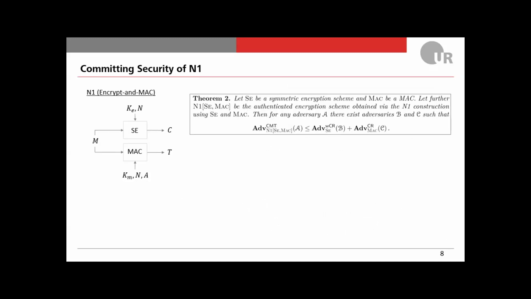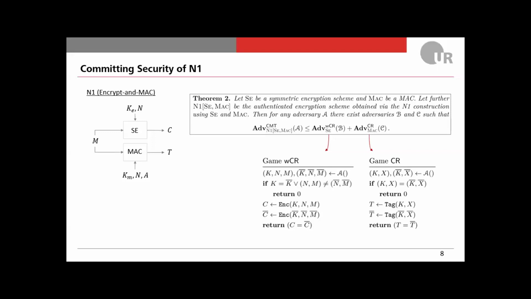Okay, secondly, for N1, we show that committing security can be achieved. And we do this by proving the following theorem, which states that if the symmetric encryption scheme and the MAC fulfill certain collision resistance properties we introduce, then also the composed N1 scheme is committing secure. And for the symmetric encryption scheme, we call this property weak collision resistance.